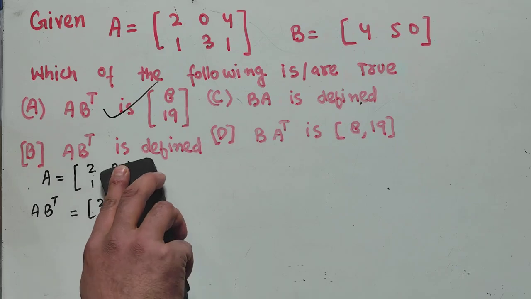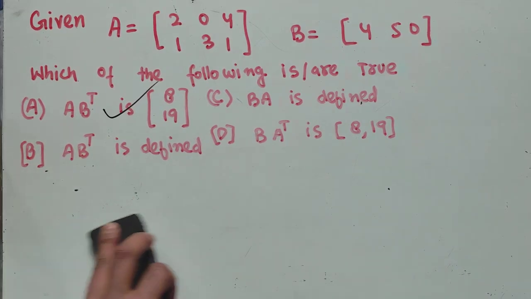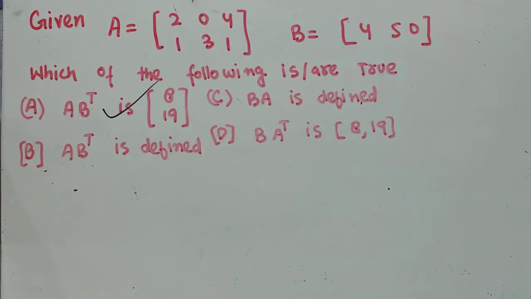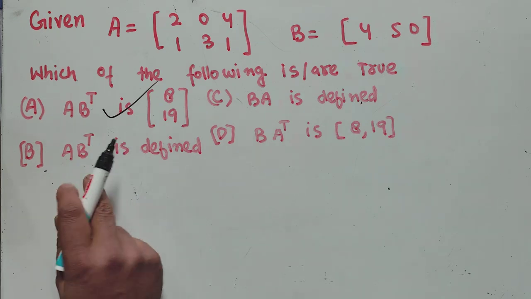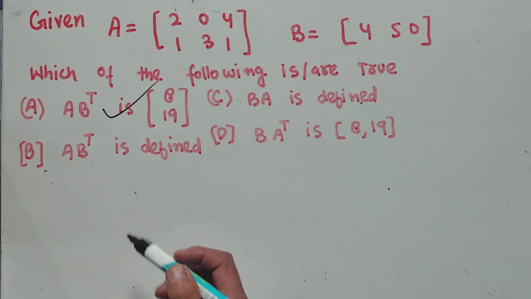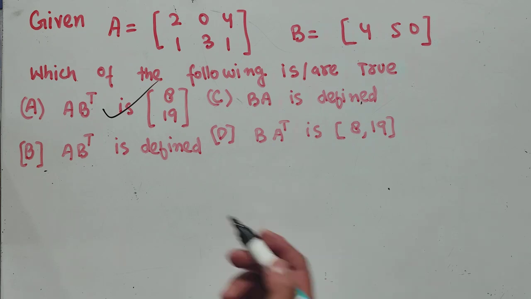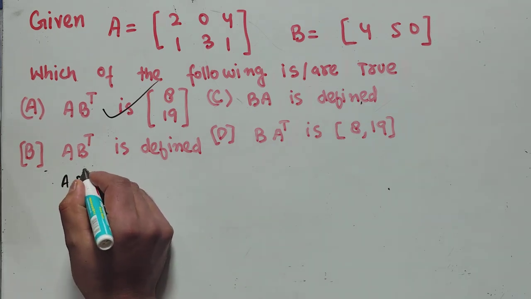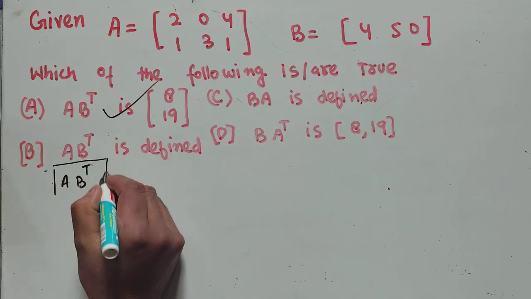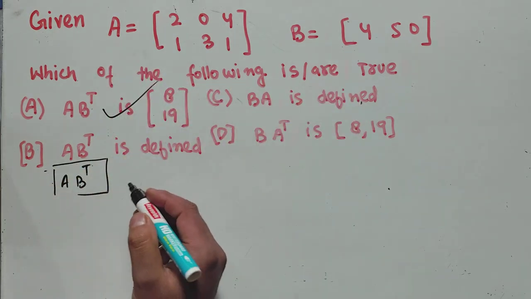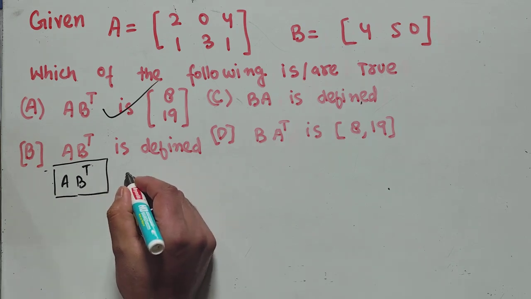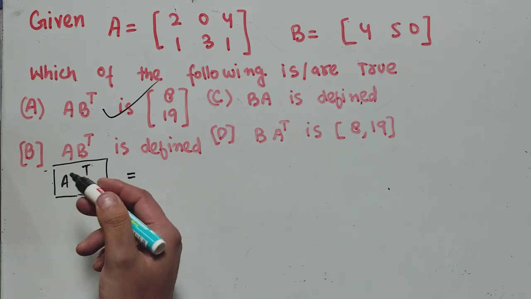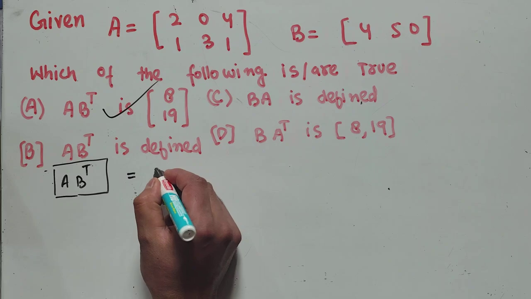Let us go for the second option. The second says A B transpose is defined. As I have told you earlier, since A times B transpose, that is the product of A and the transpose of B, the product of these two matrices is conformable.